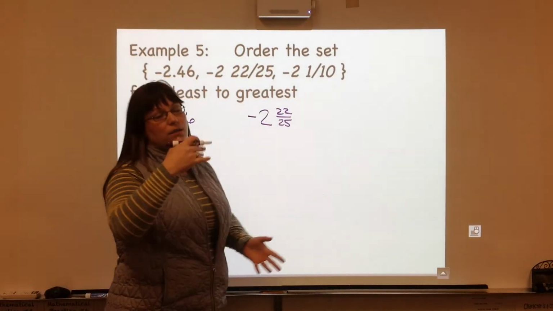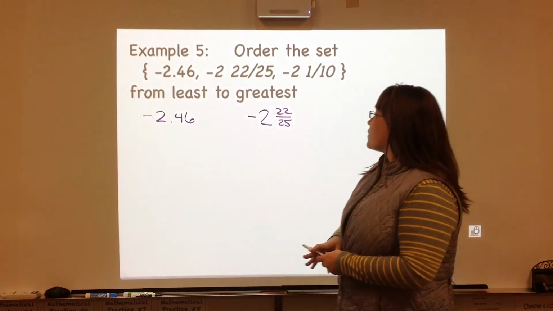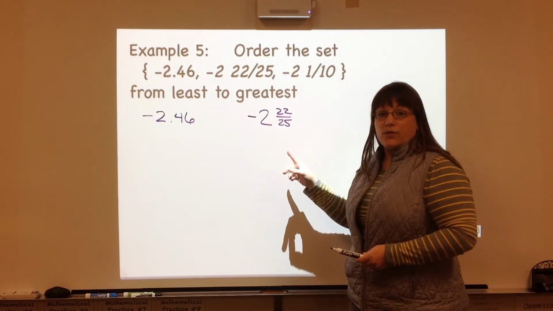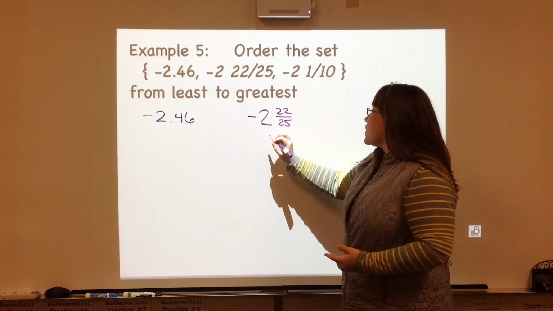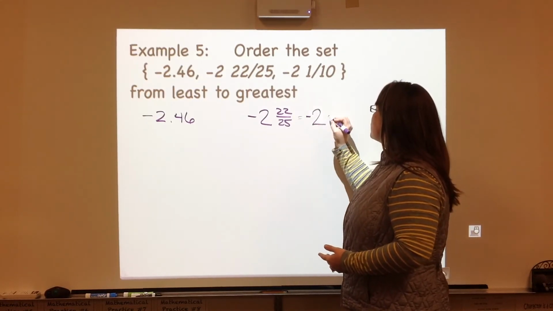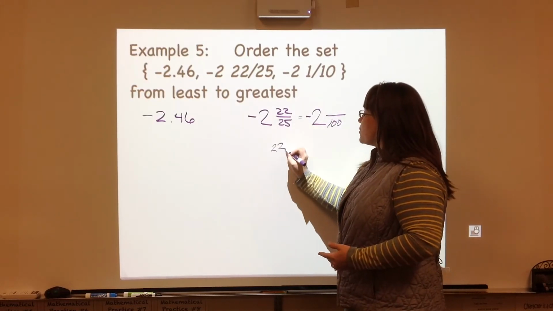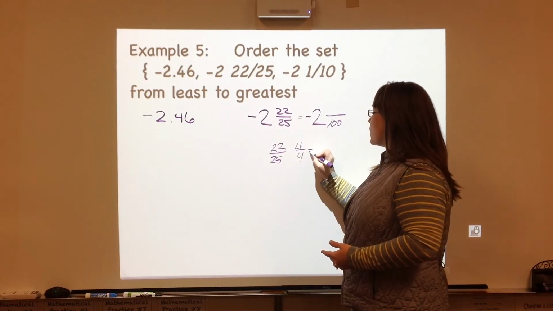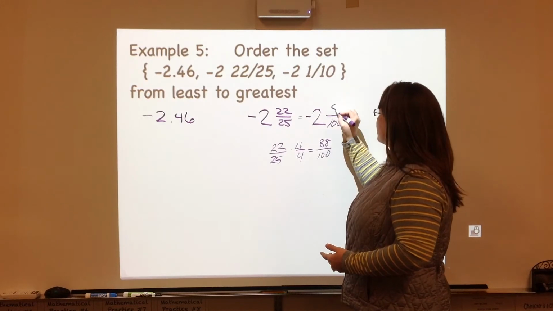Remember back in a previous chapter, I don't remember which one, we talked about how 10 is your friend and so is 100. So we can convert this easily into 100. So this is going to be equal to -2 and something over 100. 22/25ths, if we multiply by 4/4, will give us 88/100.